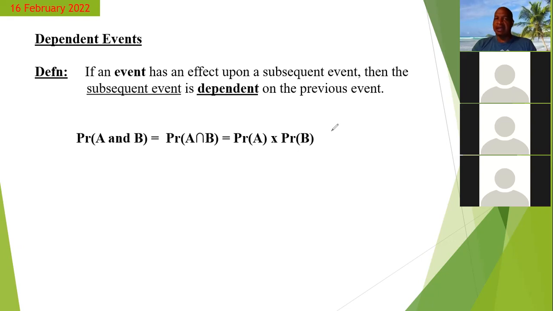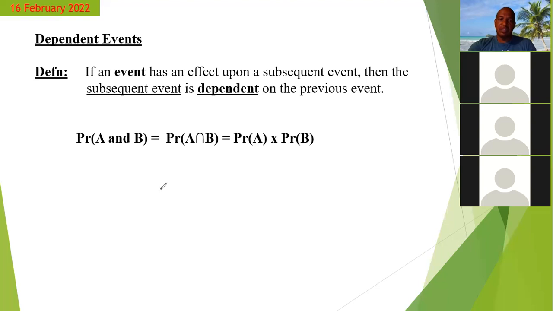So in that case, because we are finding the probability of A or B, we simply add the two probabilities. Is that clear? That is for mutually exclusive events.